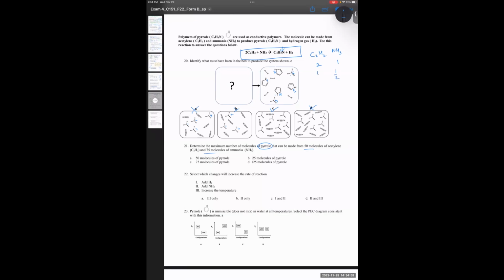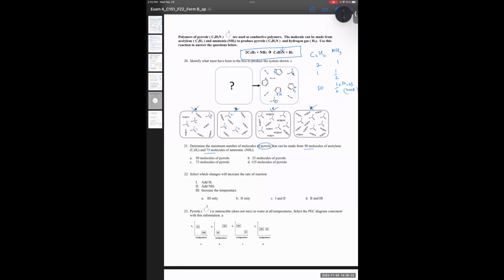How many acetylenes do we have now? 50 molecules of acetylene. We need 1 over 2 multiplied by 50, or just 25 molecules of NH3. This is what we need.